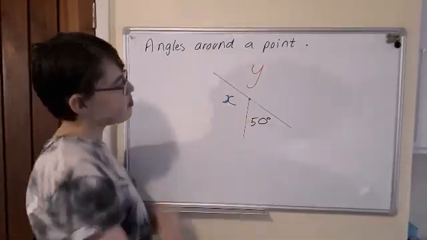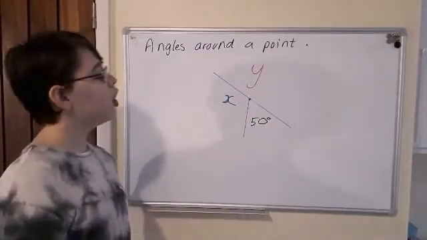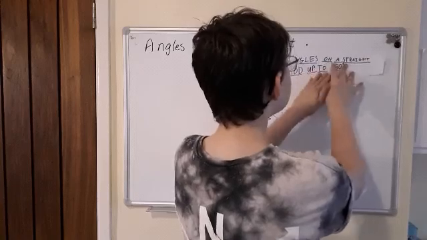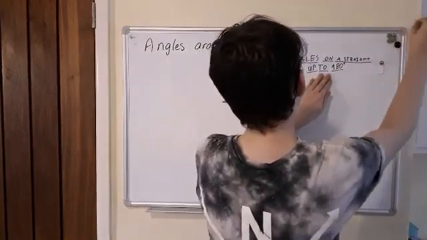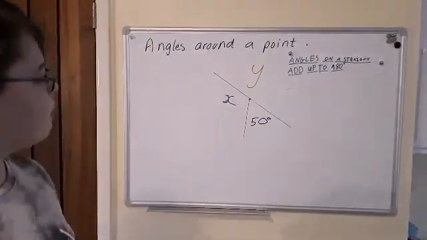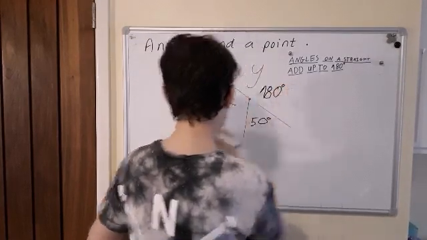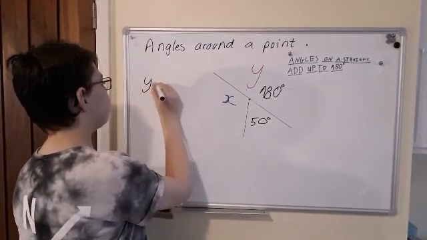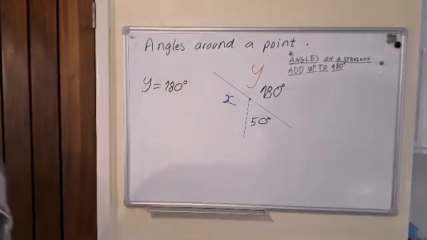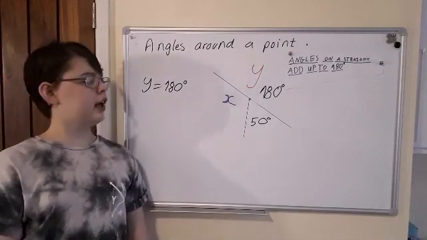This looks like a straight line to me. Here's our point, but this angle looks like a straight line. So what do you know about angles on straight lines? Angles on a straight line add up to 180 degrees. So angle Y must be 180 degrees. Let's write that over here so we don't forget. So that's 180 degrees. Got 50, 180.